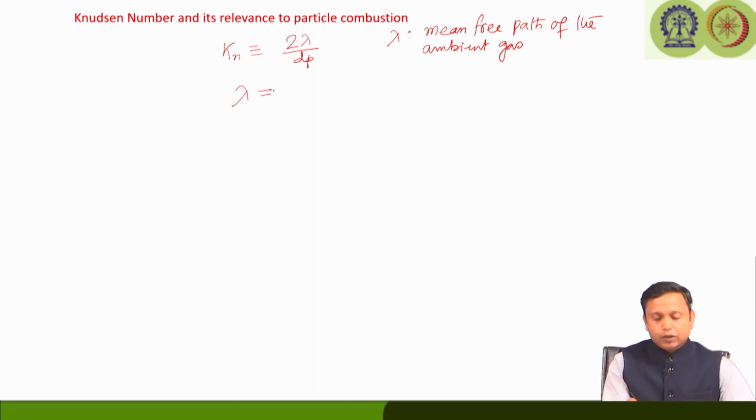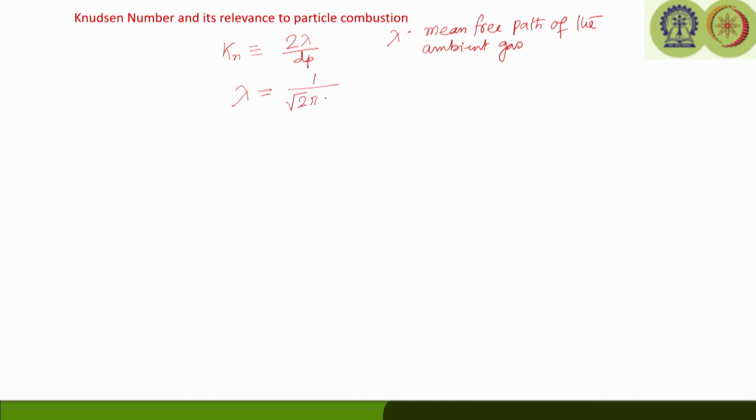It is 1 by square root of 2 pi sigma square into n, where sigma is the molecular diameter of the molecule, and n is the number of molecules per unit volume.